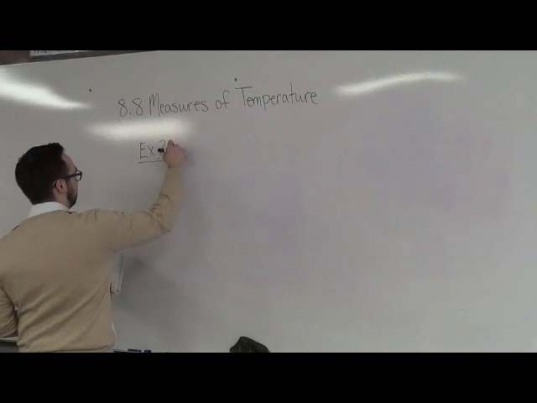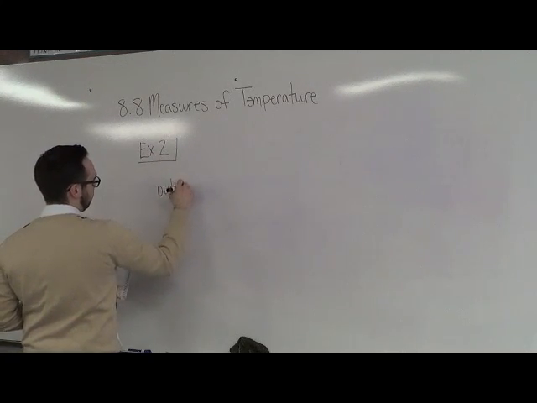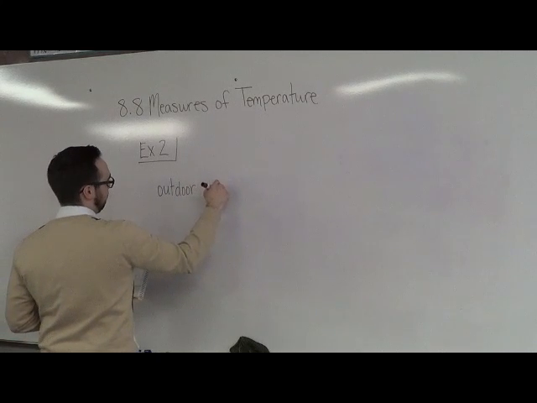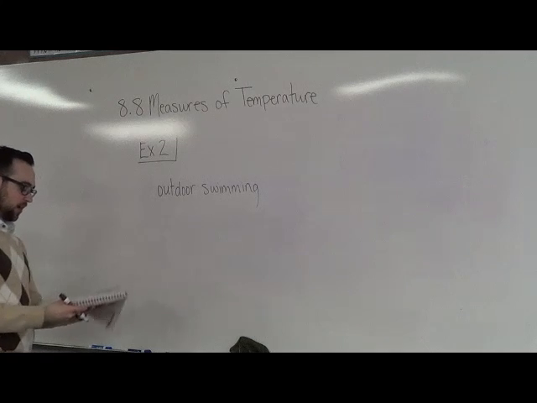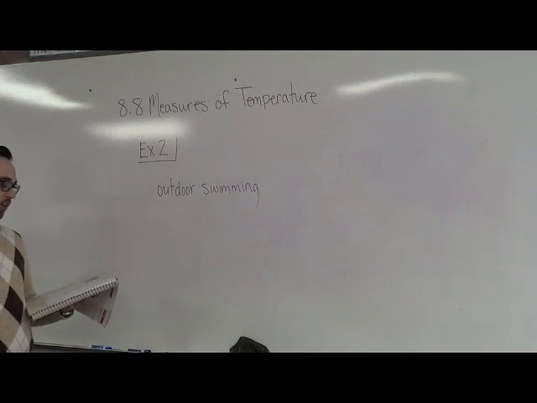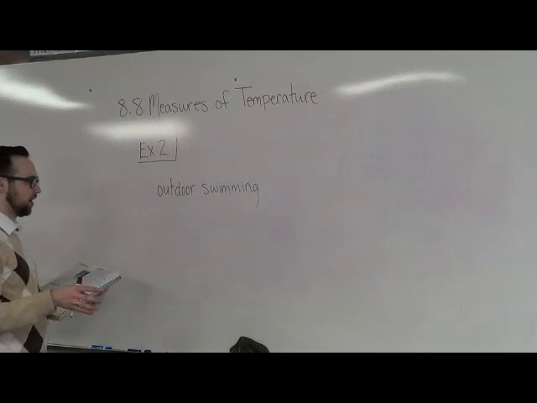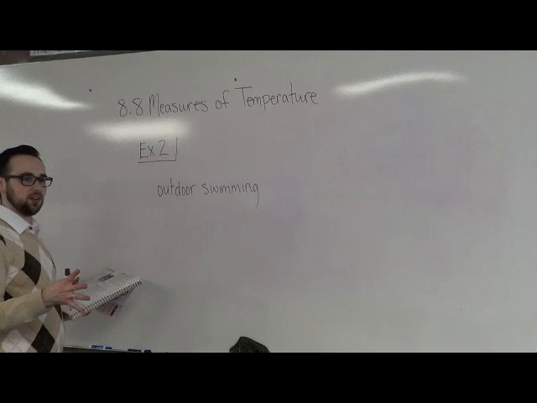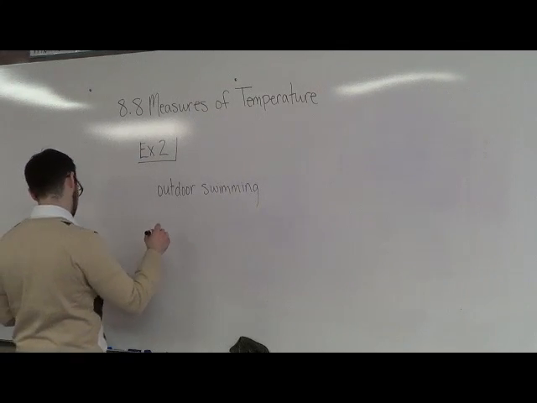And then I'll give you answers. So the first one is outdoor swimming. It says give a reasonable estimate of the temperature in degrees for the situation. So it asks for both Fahrenheit and Celsius. Go ahead and try the Celsius. I'm not so worried about Celsius, but I'm more worried about the Fahrenheit one.